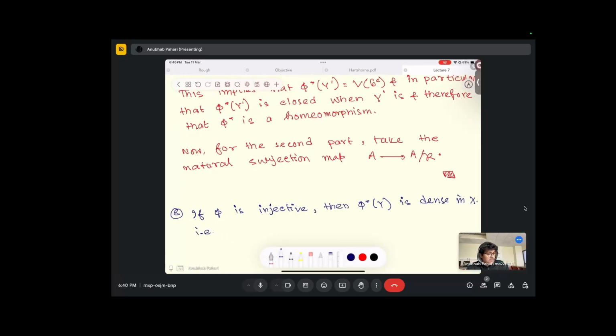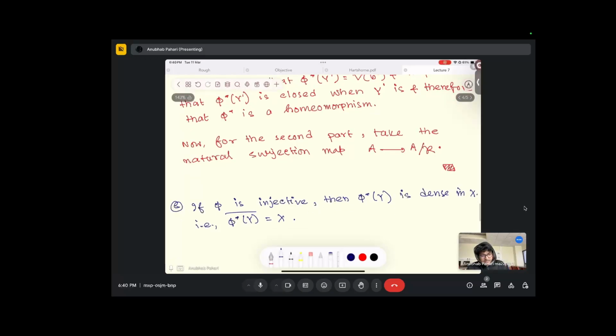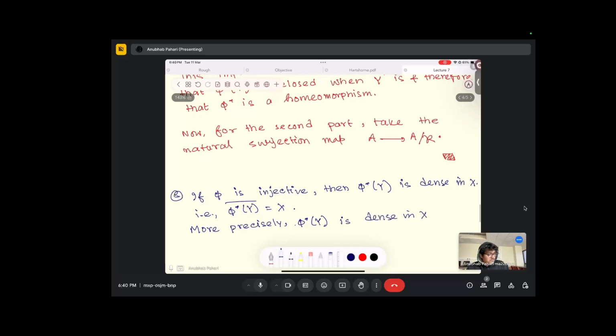That is, phi upper star y closure equals X. More precisely, phi upper star y is dense in X is equivalent to ker phi belongs to the nil radical.